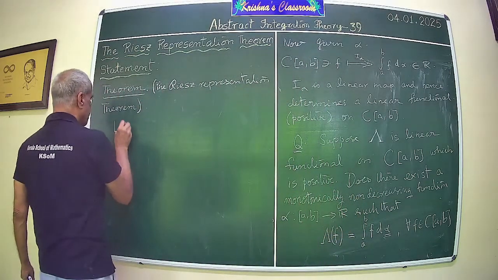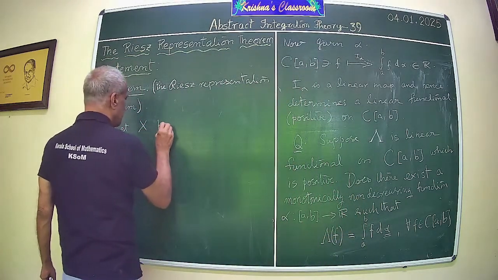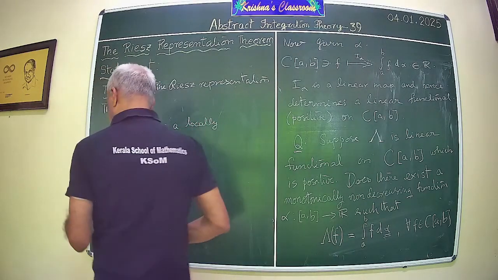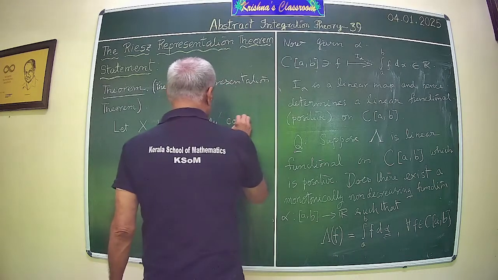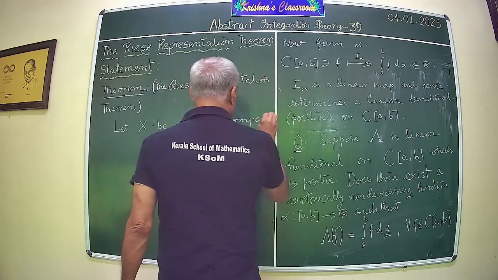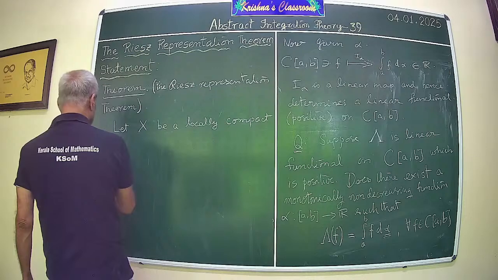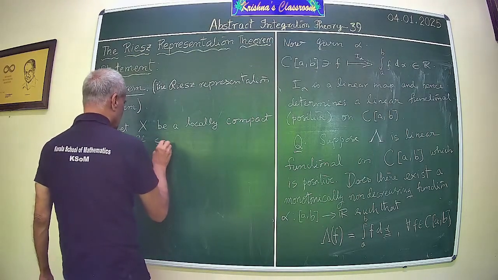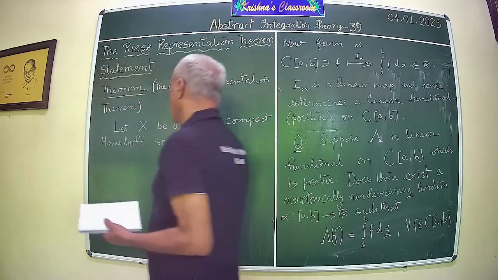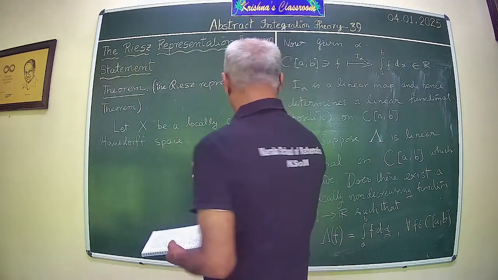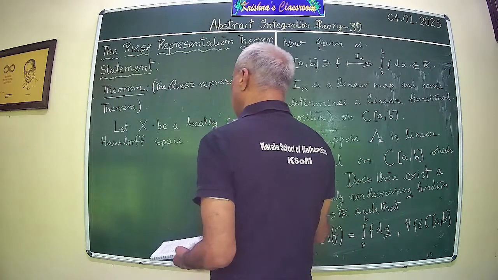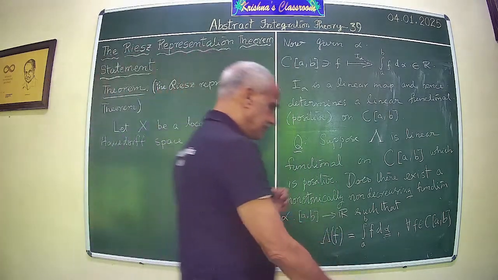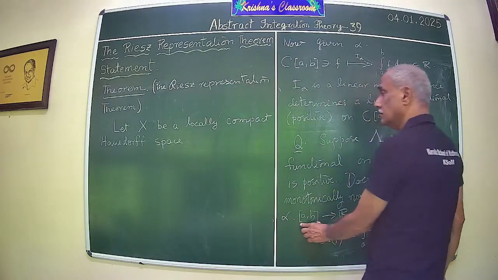Let X be a locally compact Hausdorff space. The corresponding thing that you have is the interval [a,b]. It's a part of the real line, and this has all these properties.